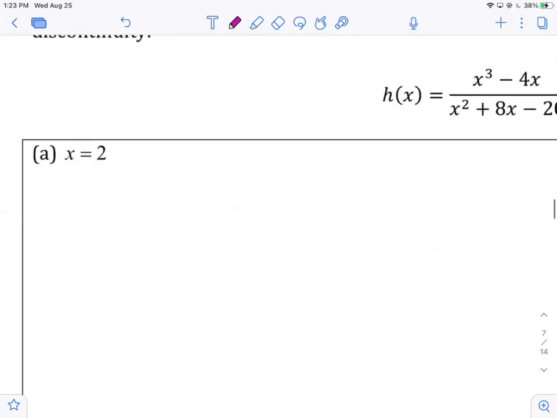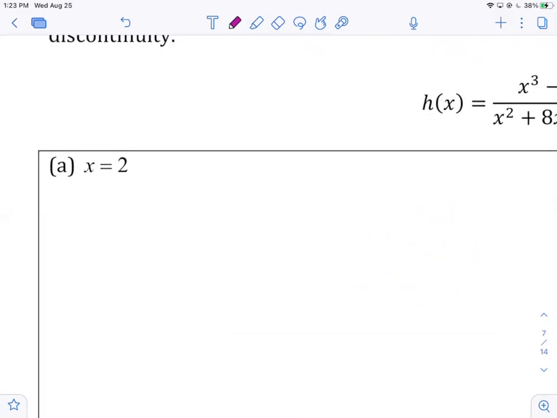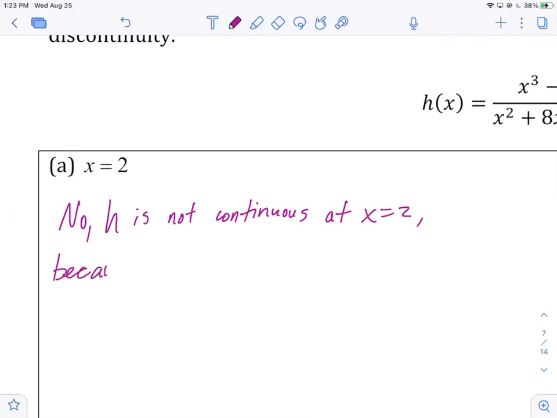No, okay? So in a complete sentence: No, comma, h of x is not continuous at x equals 2, comma, because, would we say because it's got a hole there?